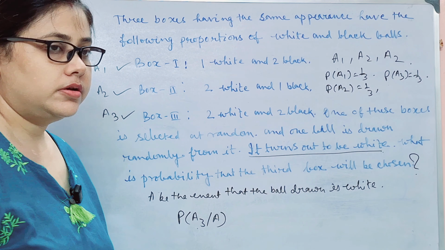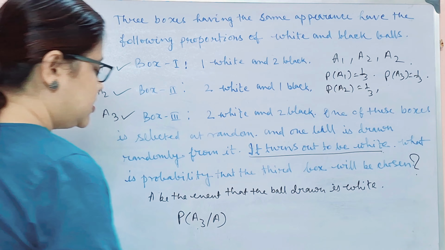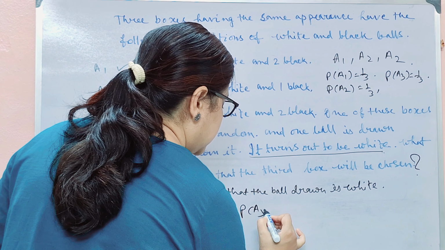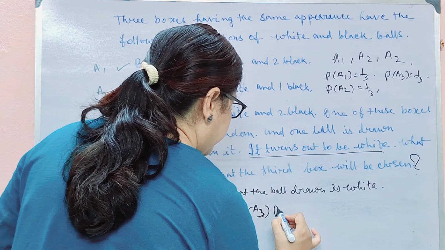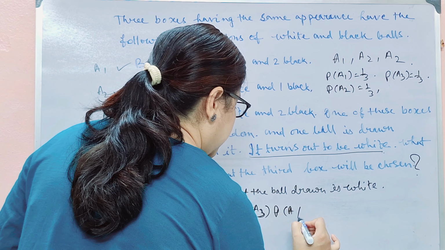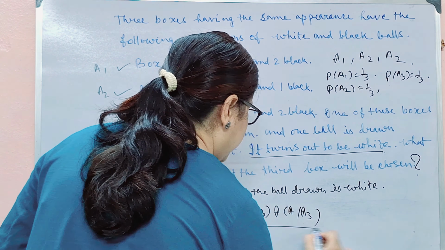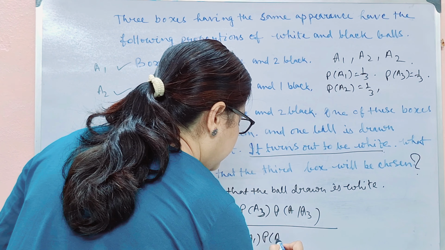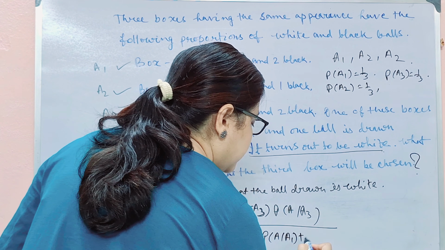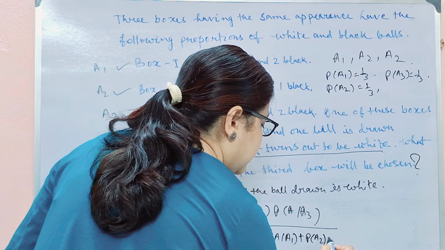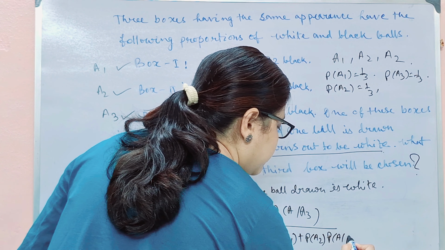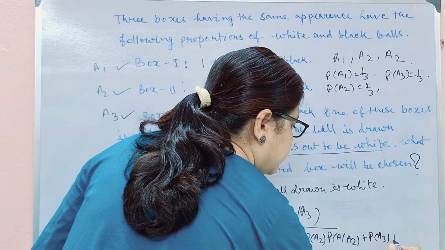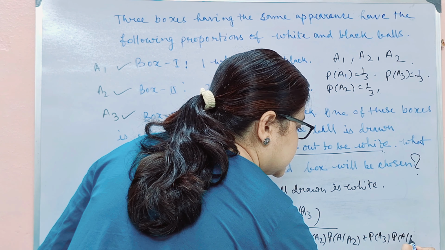Now from Bayes theorem we have probability of A3 given A equals probability of A3 times probability of A given A3, divided by probability of A1 times probability of A given A1, plus probability of A2 times probability of A given A2, plus probability of A3 times probability of A given A3.